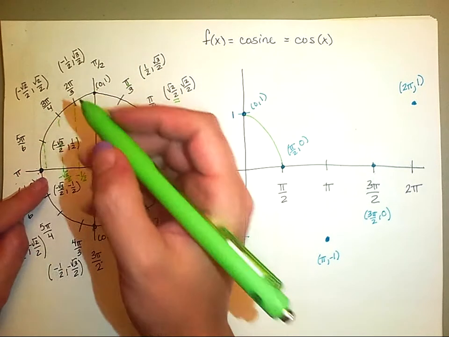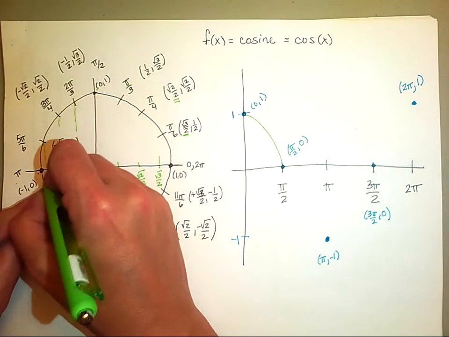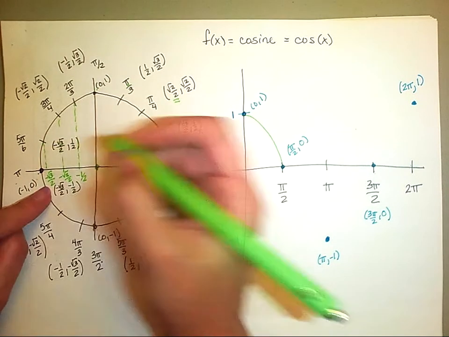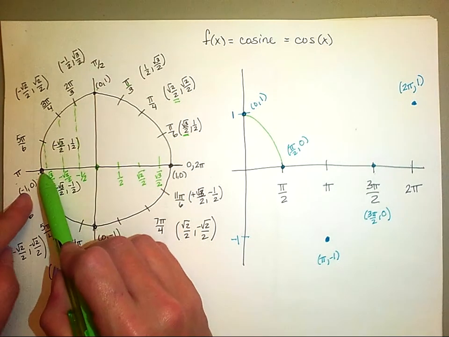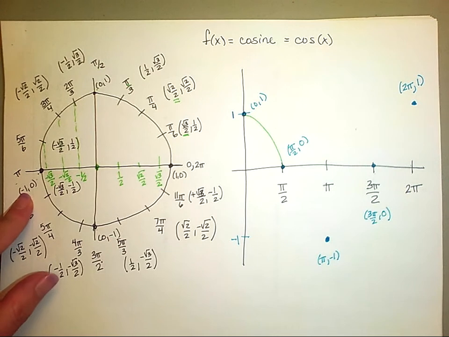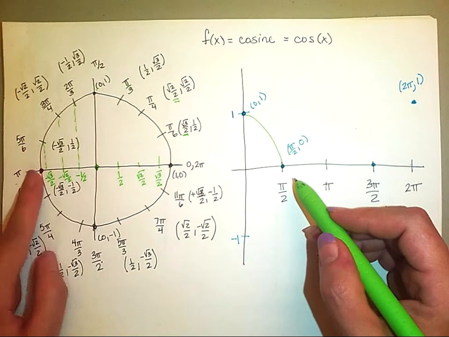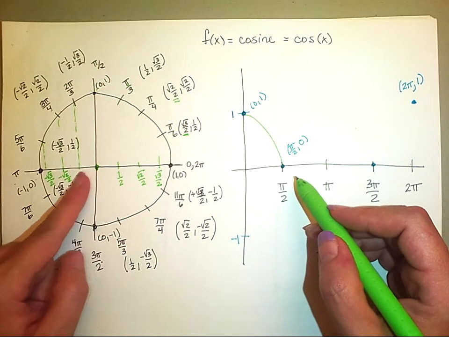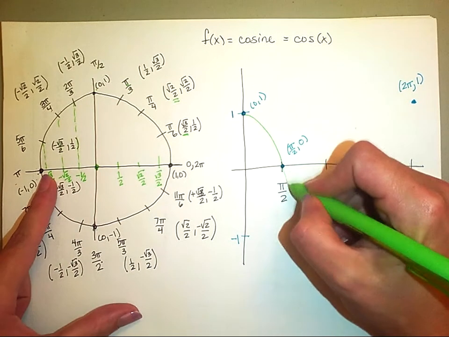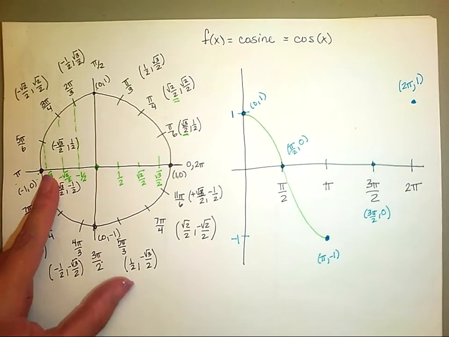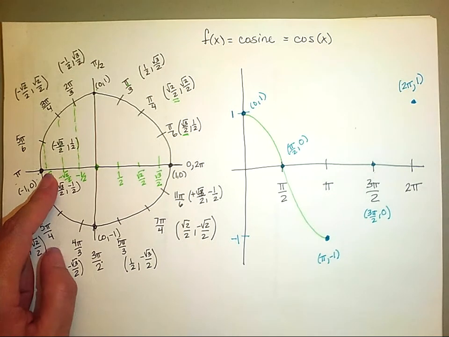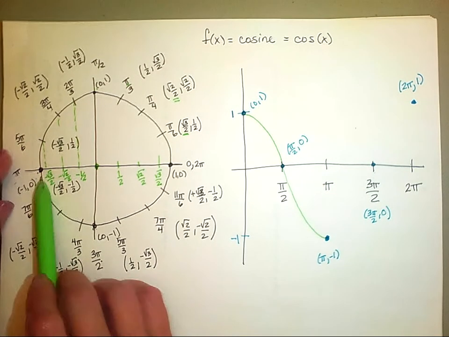By the time we're at 5 pi over 6, the cosine is even more negative at negative square root of 3 over 2, until we get to pi, where we're at negative 1. So as we increase from pi over 2 to pi, the values of cosine are becoming more and more negative until they get to negative 1.